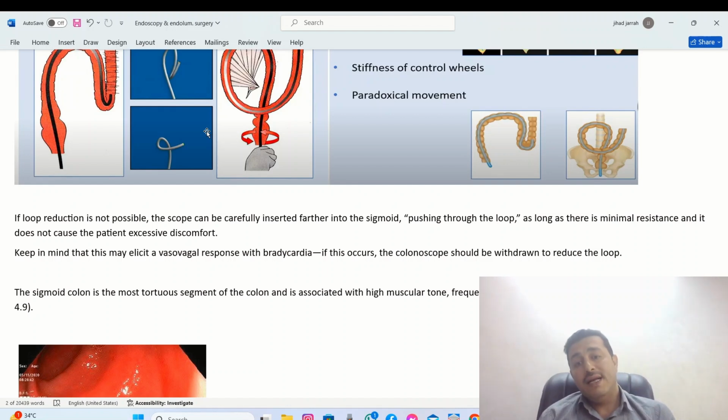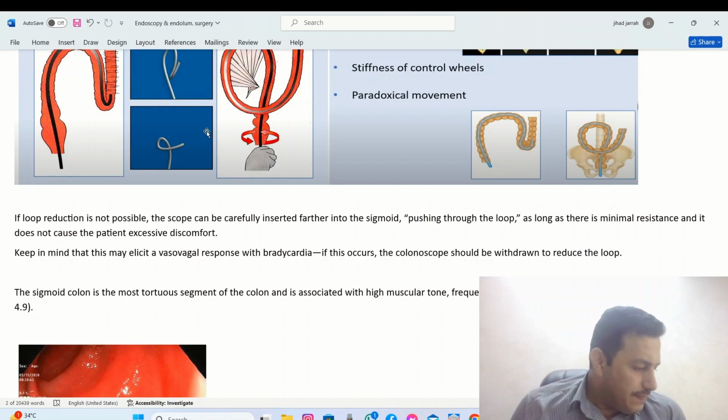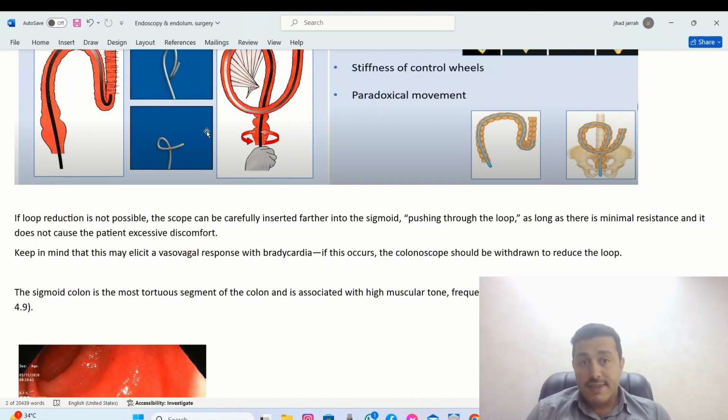This will help the sigmoid to accordion, to shorten over the scope, so it will be easier.